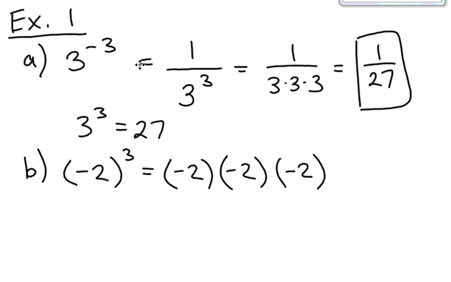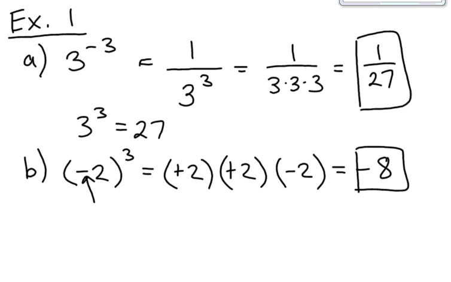So this has 3 negatives, so 2 of them are going to become positives, leaving you with a negative 2 times 2 times 2, which is 8. So when you have an exponent, the only way to get a negative is if the number itself is negative. Typically, the exponent does not make the answer negative.